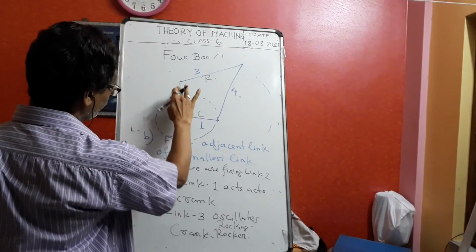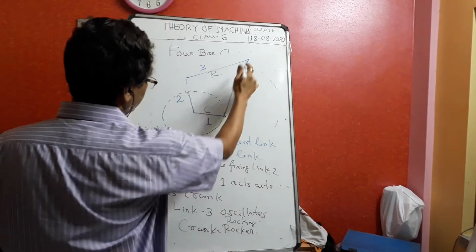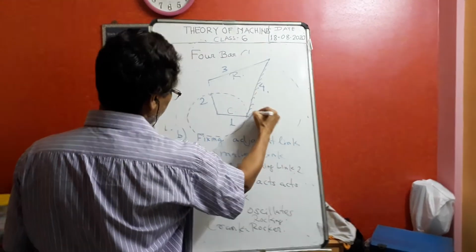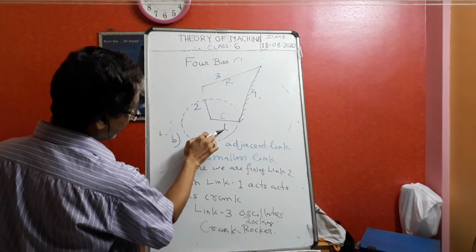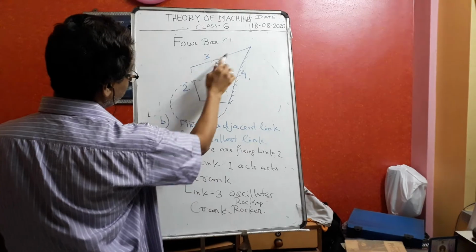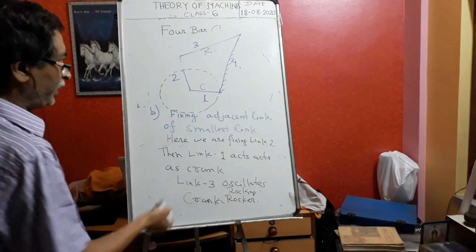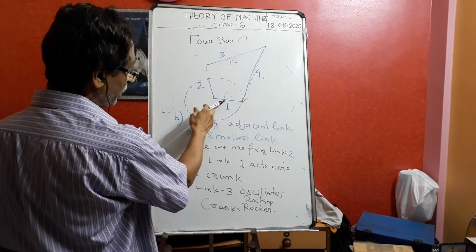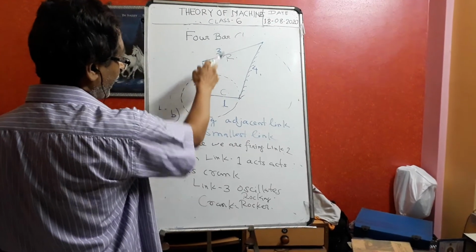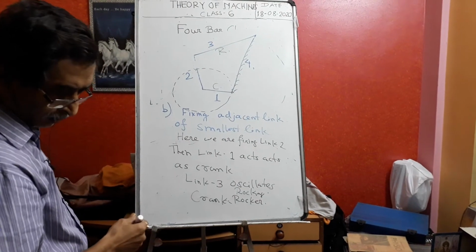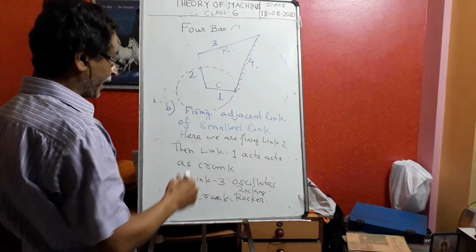Similarly, instead of fixing 2, if we fix link number 4, the same will come: 1 will act as a crank and 3 will act as a rocker. Whichever of 2 or 4 you fix, the smallest link will act as a crank and the link opposite to the smallest will act as a rocker. That's why this mechanism is called crank rocker.